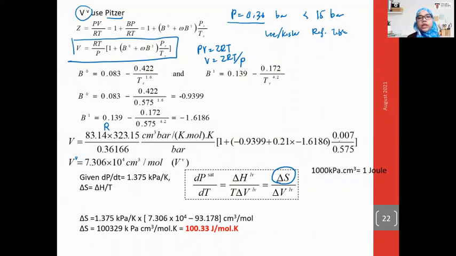This equation is to determine the latent heat, which is determined based on the linear equation by rearranging the correlation between the vapor pressure and temperature. And the last is we also learned how to apply the equation to determine other desired thermodynamic properties, such as here we determined the entropy.